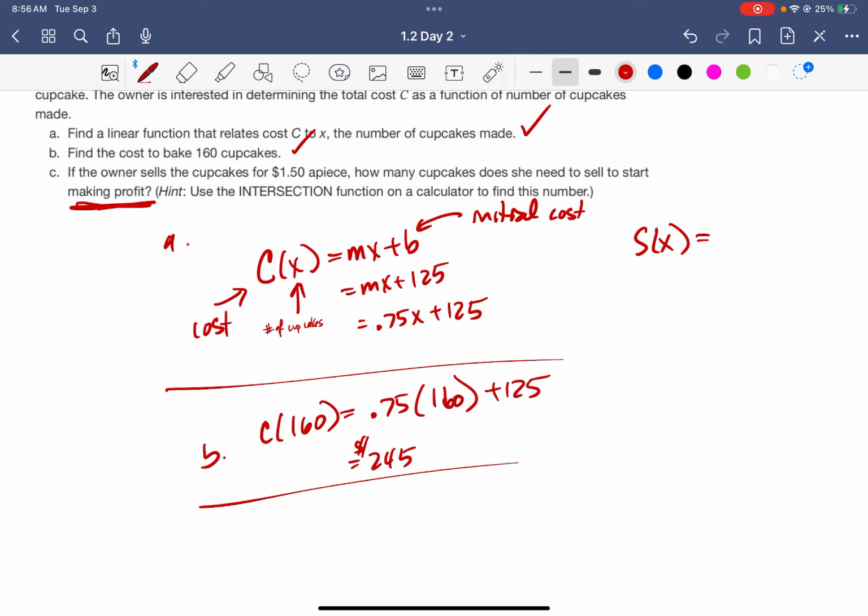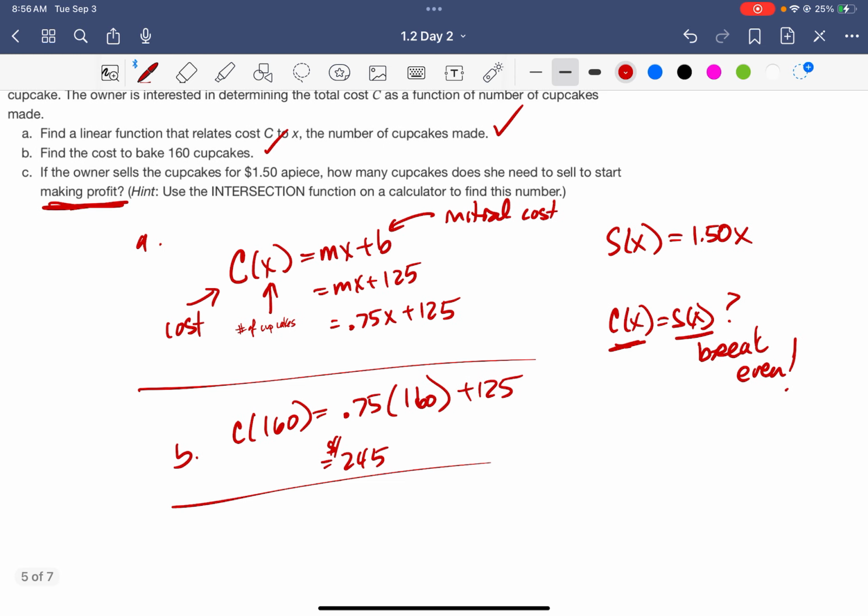Our sell function is $1.50 for every cupcake. And what I want to do is find out when does my cost equal how much I'm selling it for. That would be my break even point. When how much it costs to make is how much I'm selling them for.